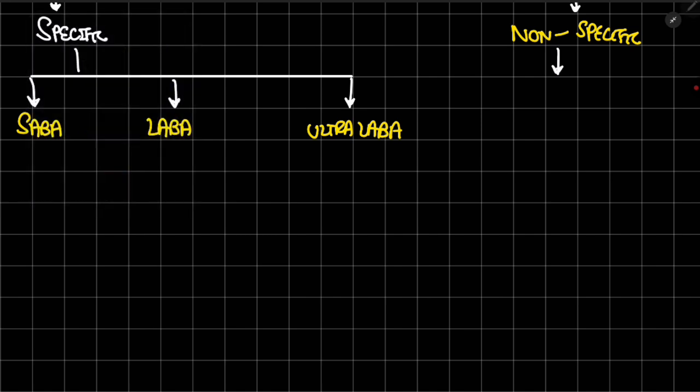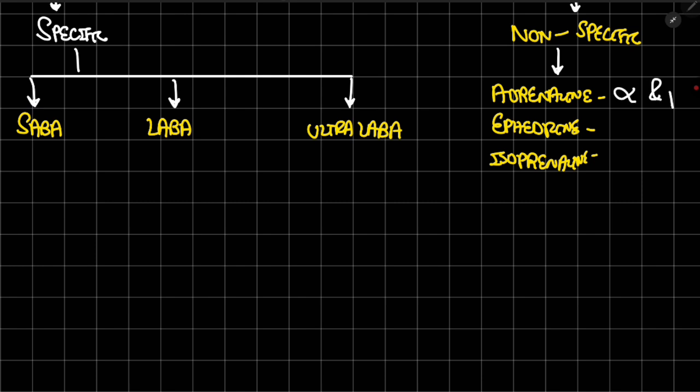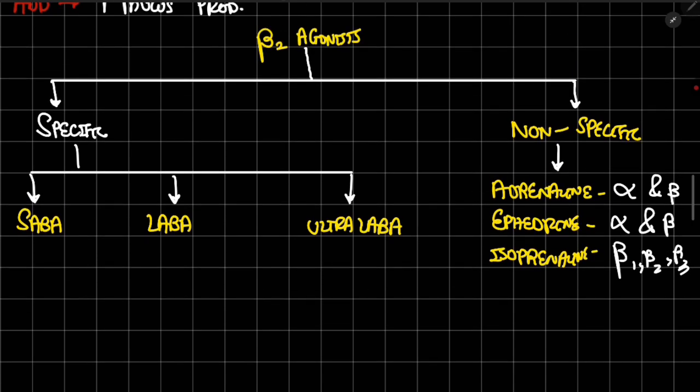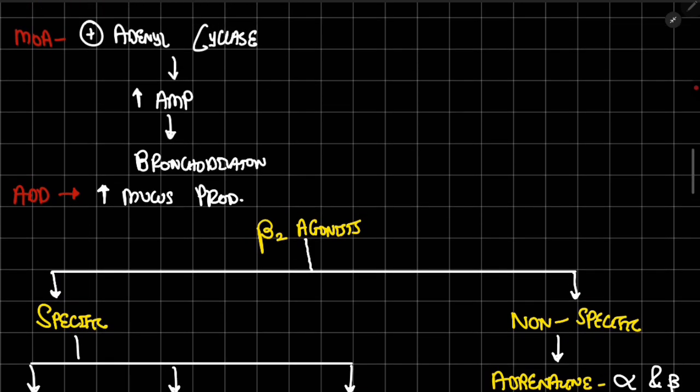And under non-specific we have adrenaline, ephedrine, and isoprenaline. Adrenaline acts on alpha and beta, ephedrine acts on alpha and beta, all receptors, and isoprenaline on beta 1, beta 2, beta 3. So what is the mechanism of action?